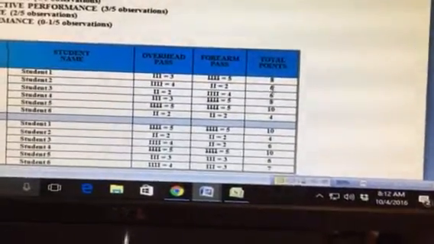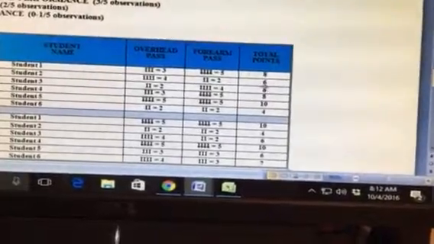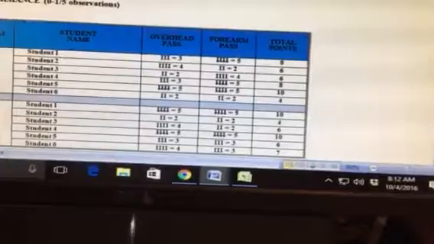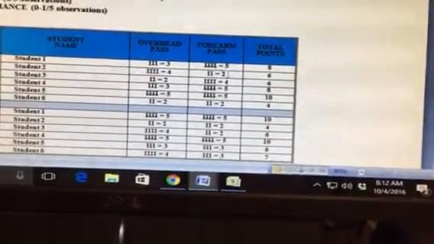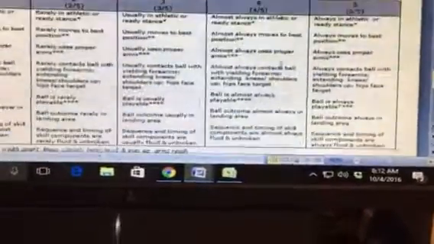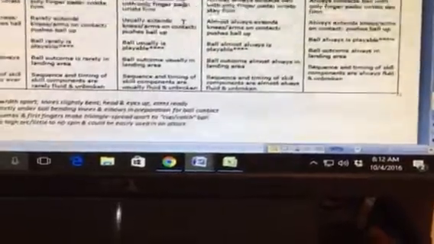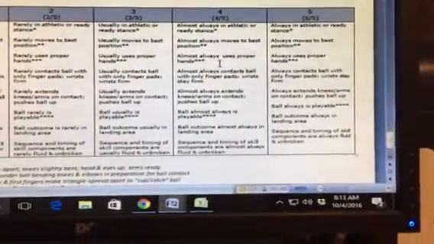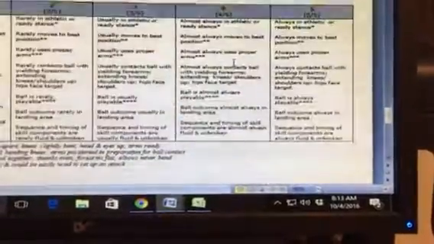Obviously, they didn't meet the score, so what are you going to do to help them achieve that? It looks like they need a lot of help here with the forearm pass, since they only got 2 out of 5. Okay, and then not only that, but I also included the rubrics for you guys to look at on what a rubric looks like, as well as how you would employ it in your assessment.